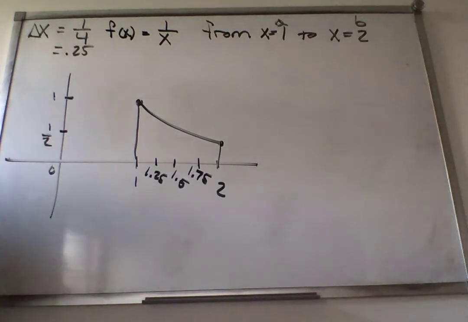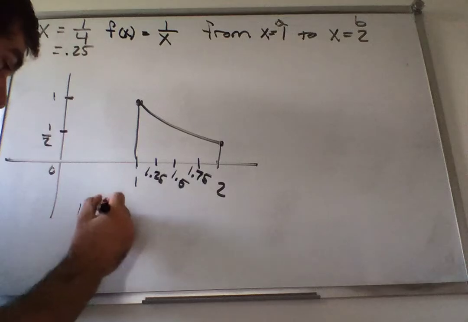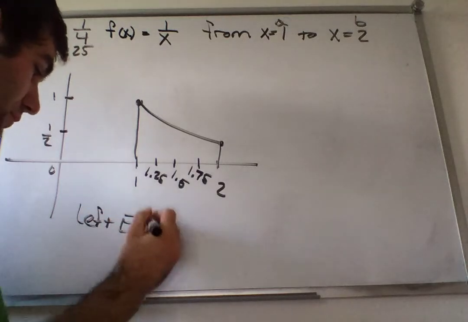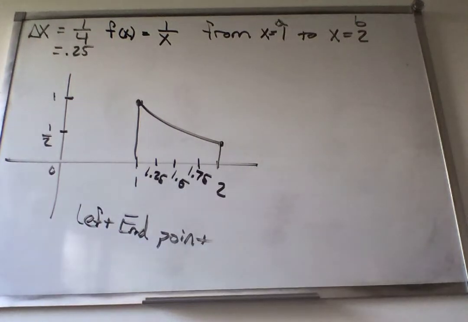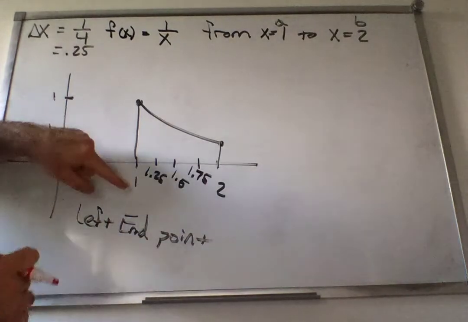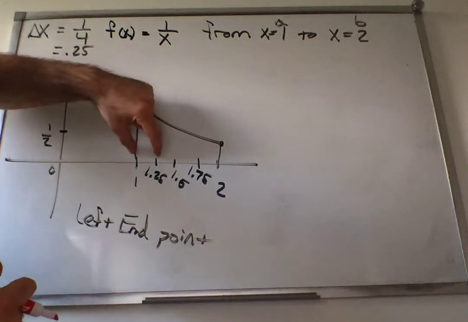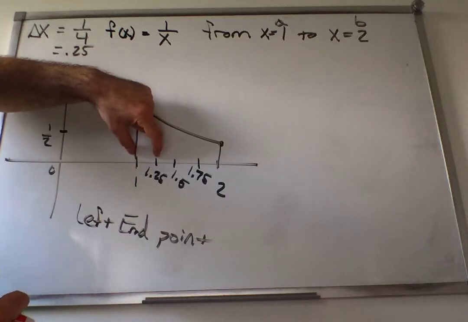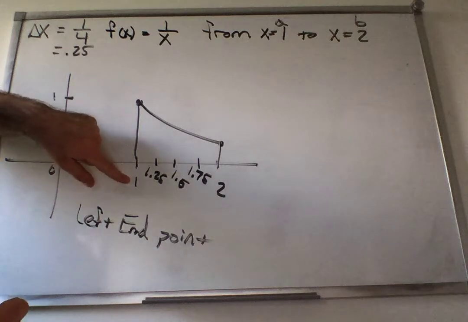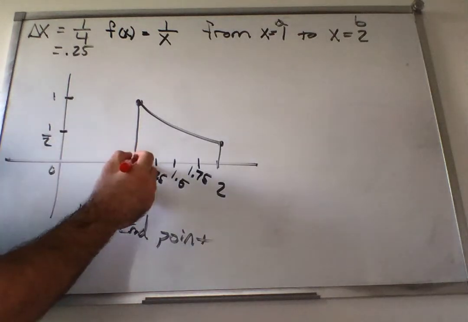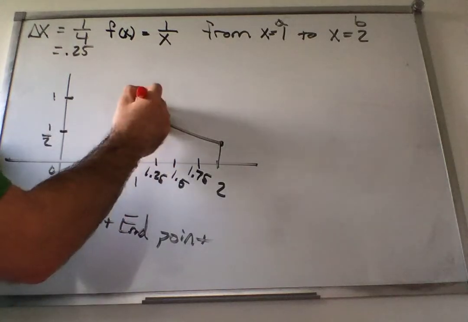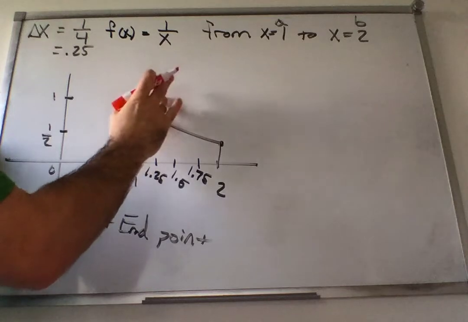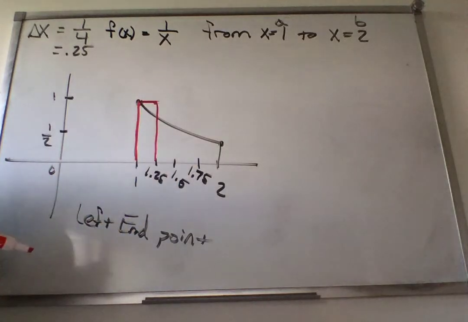So let's go ahead and do a left endpoint approximation. I start over here, look at this pair of x values, and pick the one on the left. I go all the way up to my function at that x value, and then go over and make a rectangle with my next x value.